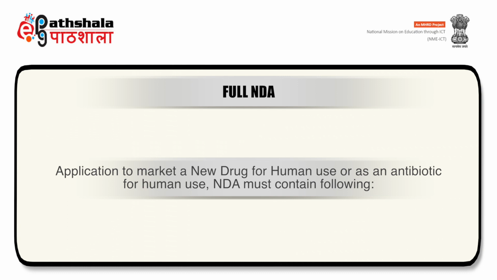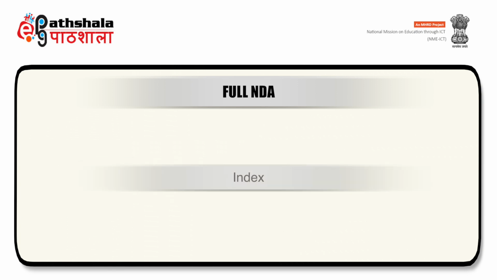Now coming to the application to market a new drug for human use or as an antibiotic for human use. The new drug application must contain the following: index, summary, chemistry, manufacturing and control information, non-clinical pharmacology and toxicology data, human pharmacokinetics and bioavailability profile, microbiology data, clinical data, statistical analysis data, and the proposed labeling.